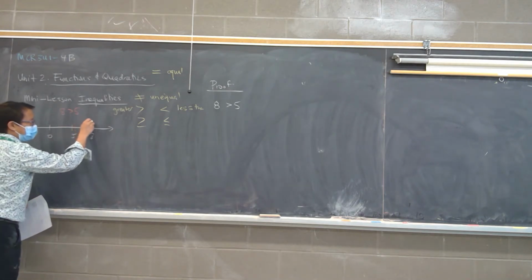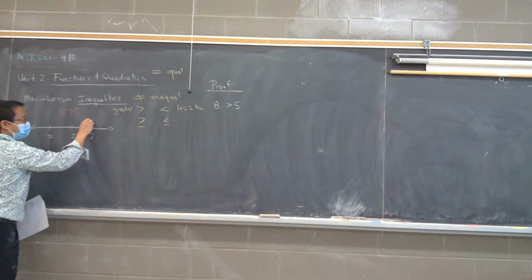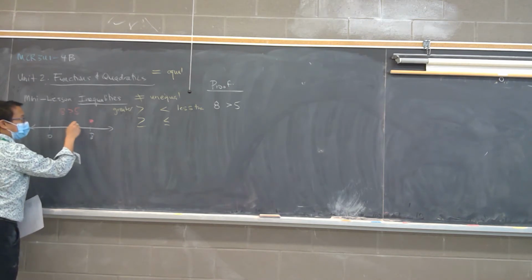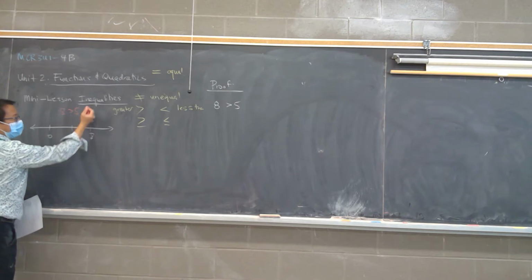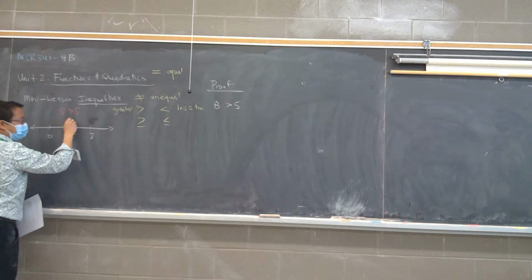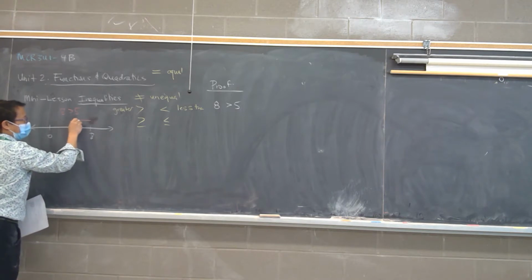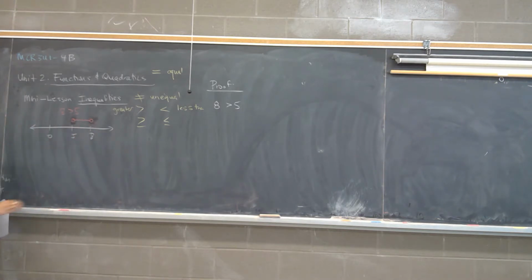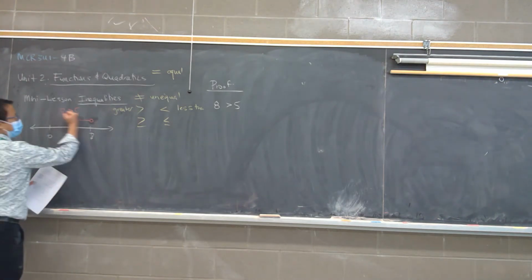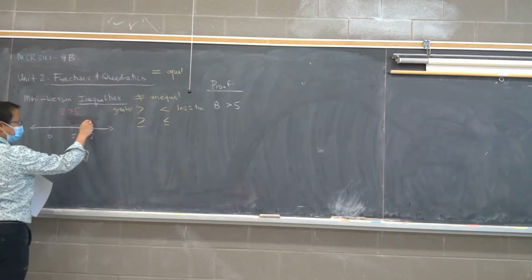This point is clearly larger than this point, right? So in this question here, we're going to go with this. And what I've drawn, 8, wait, that's not right. 8 is not greater than 5.